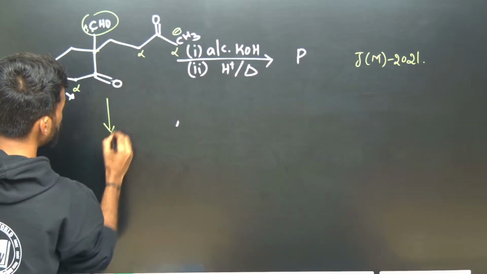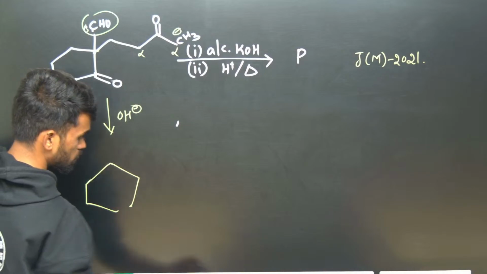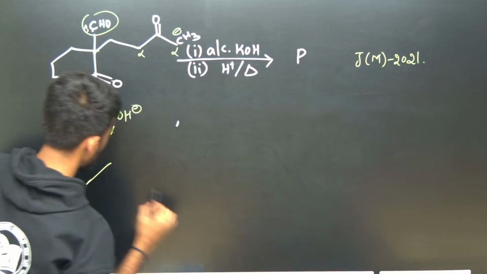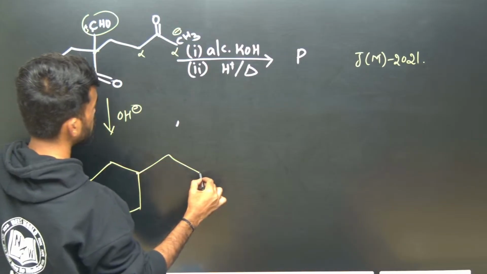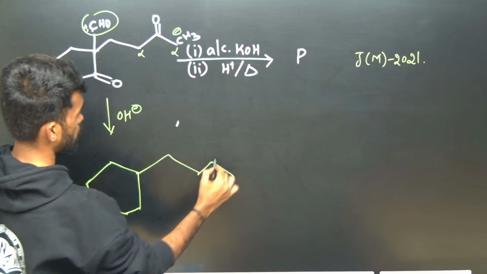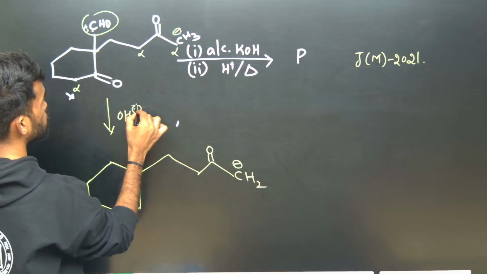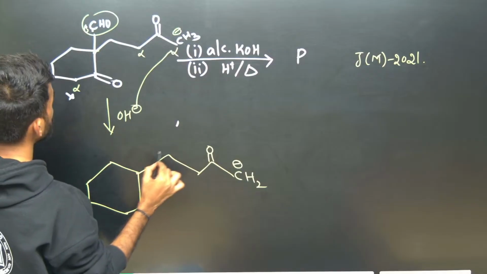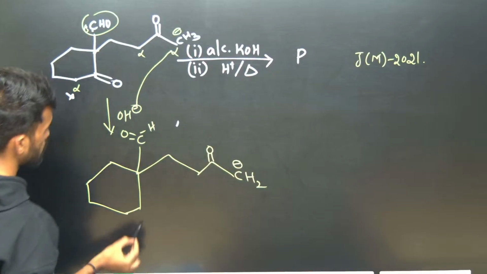Now first treat this with base and generate a carbanion. I have it like this, making a negative charge here by removing this proton, with C double bond O aldehyde here and ketone here.